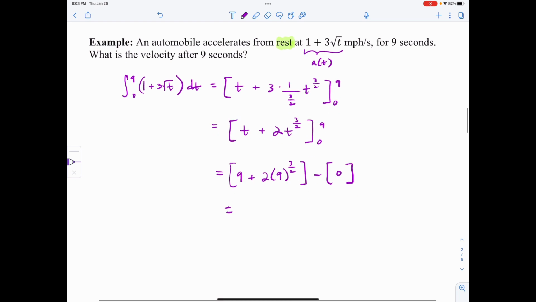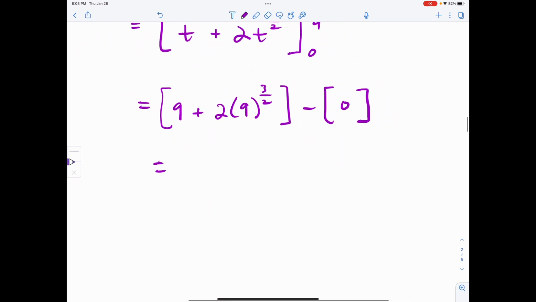Simplifying that a little bit just because we can: the square root of 9 is 3, and then 3 cubed would be 27, times 2 plus 9 will be 63.